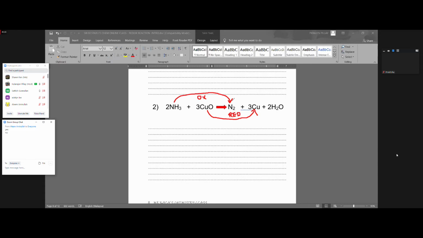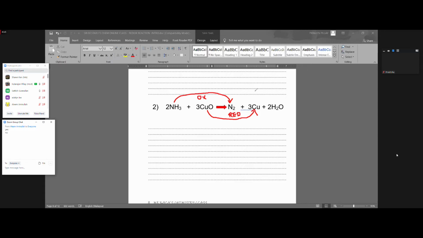Put bracket there, loses hydrogen. Number 1, CuO is copper 2 oxide. Copper 2 oxide is reduced to copper because it loses oxygen. So we've explained what is reduced, what is oxidized.